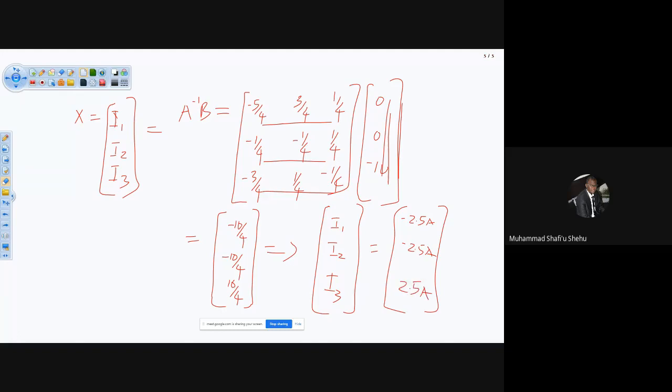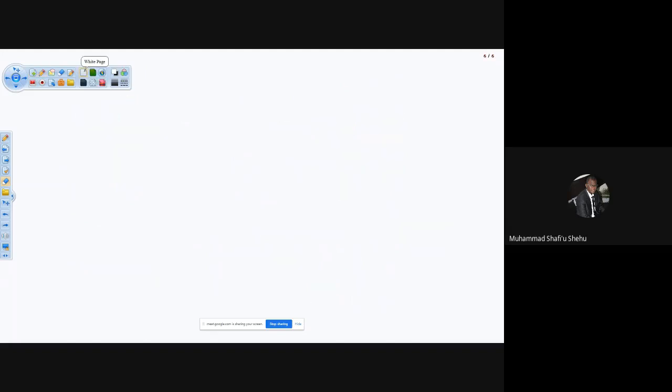So we have found I1 to be negative 2.5 ampere, and I2 to be negative 2.5 ampere, and I3 to be positive 2.5 ampere. So now we're going to use a substitution method to solve for the same question. This is another alternative method that you can choose.